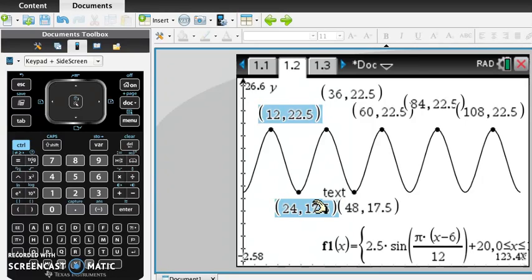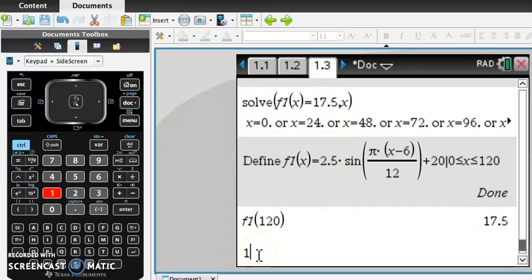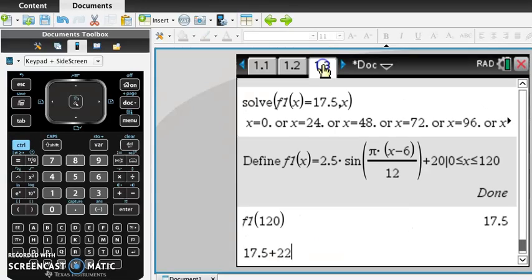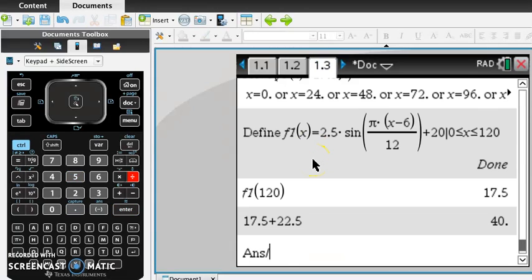What is the average temperature inside the building? Don't forget the average is the middle line, the line across the middle. So it's halfway between 22.5 and 17.5. If you wanted to work it out, 17.5 plus 22.5, divided by 2.